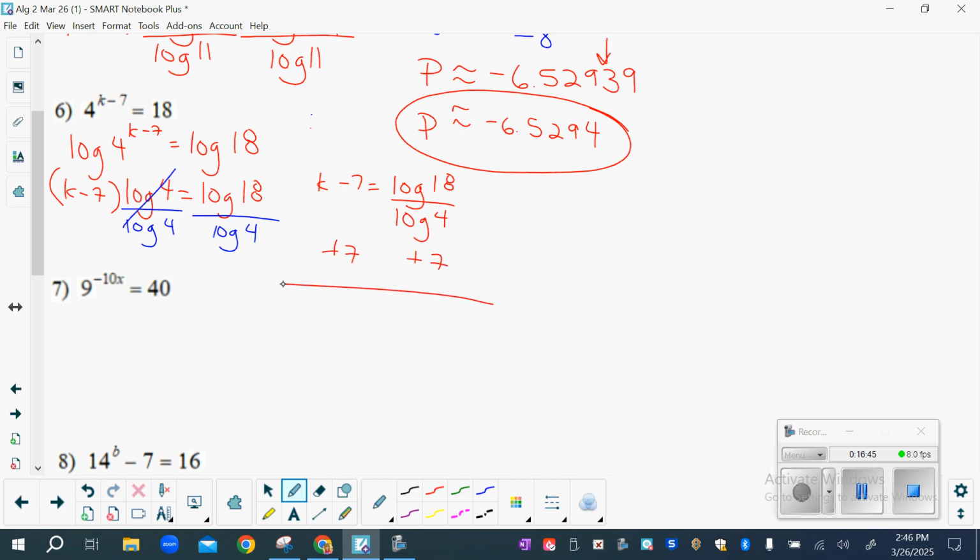So if you want, just put in your calculator log of 18 divided by log 4, find the answer, and then add 7. This time we get k is 9.08496.